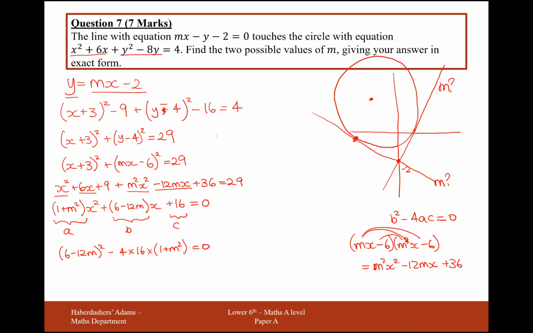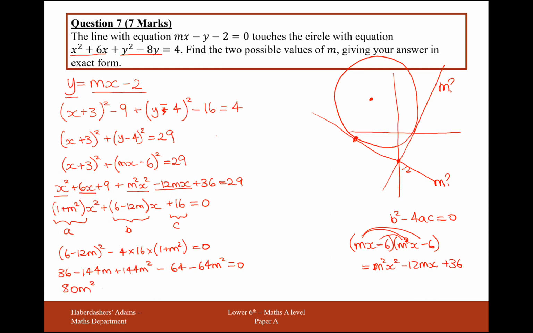So expanding the brackets now, I'm going to get 36 minus 6 lots of 12 is 72, double it, you get 144m plus 144m squared. Take away 4 times 16 is 64, so it'd be take away 64 and take away 64m squared equals 0.